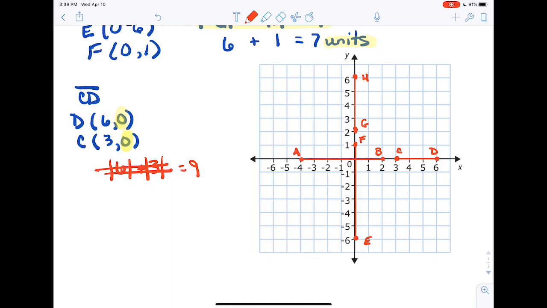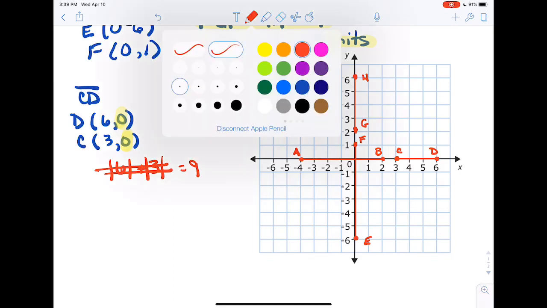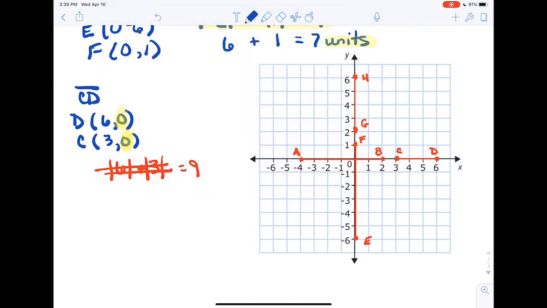And that line is not 9 units long. You can just see that. So because they're on the same part of the x-axis, we actually have to subtract. So D is 6 from the origin. And now we're going to subtract the C distance. C is 3 from the origin. And so that will equal 3 units in all.